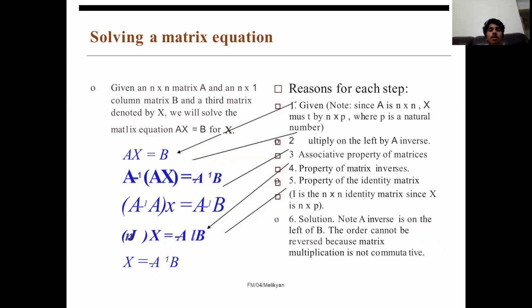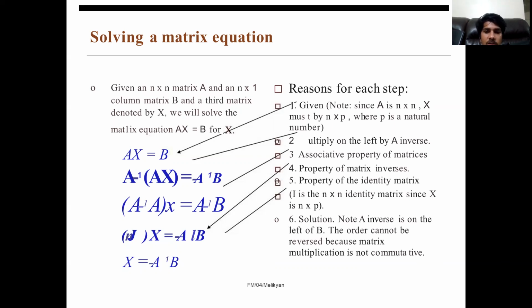Reasons for each step. First, given. Note, since A is an n by n matrix, X must be n by p, where p is a natural number. Multiply on the left by A inverse, associative property of matrices.